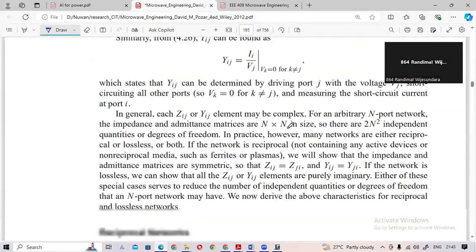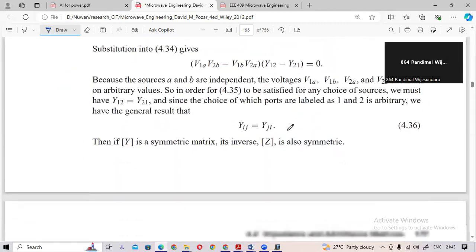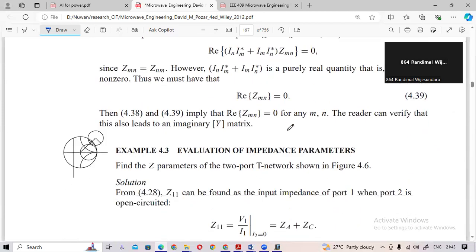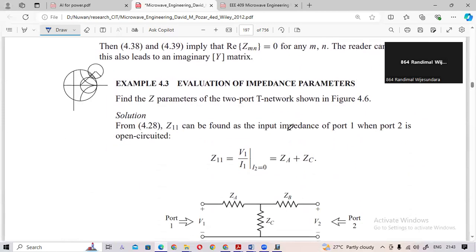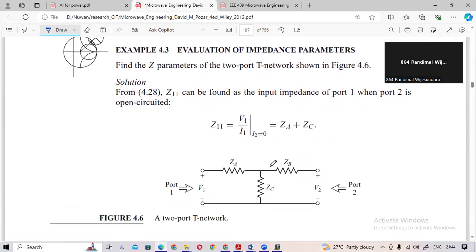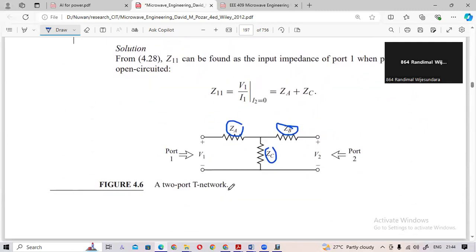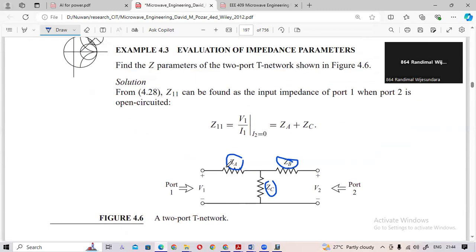Now we will see what is a reciprocal and lossless network. Before that, you can see that here a two port network is given, and the impedances are given: ZA, ZC, ZB. Try to find the Z matrix of this circuit.